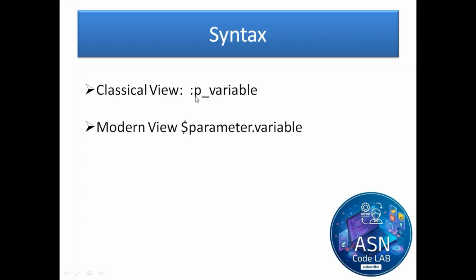It can be anything, but the colon is what they are using here in the classical view. But in our CDS view entity or the modern view, it is $parameters.variable. So $parameters is compulsory, dot whatever variable name you want. You can use it. We will see this practically in some time. So this is the major difference.